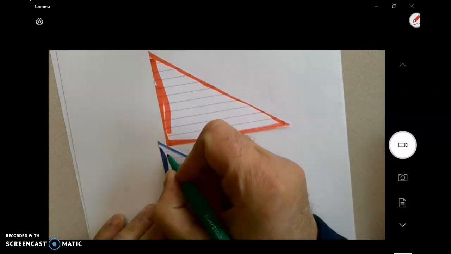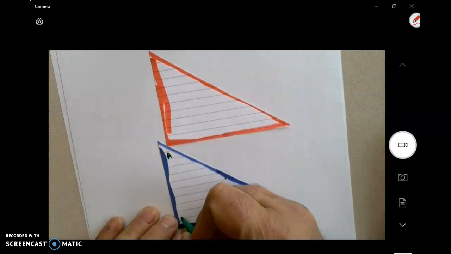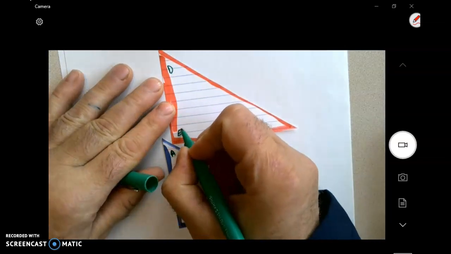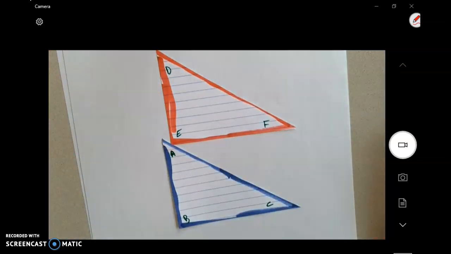I'm going to say A, B, C, and D, E, F. So we know that if A, B, and D, E are the same, then we have one pair of sides that is congruent.